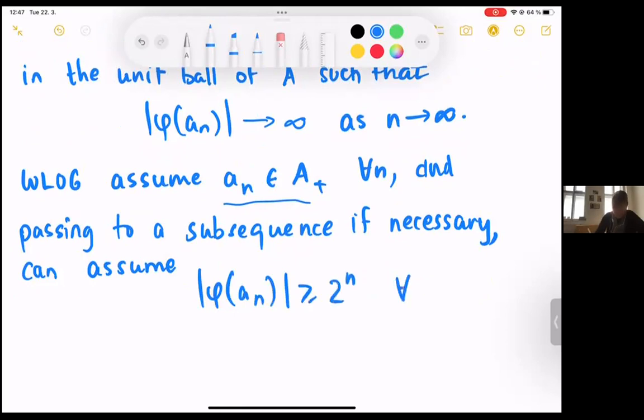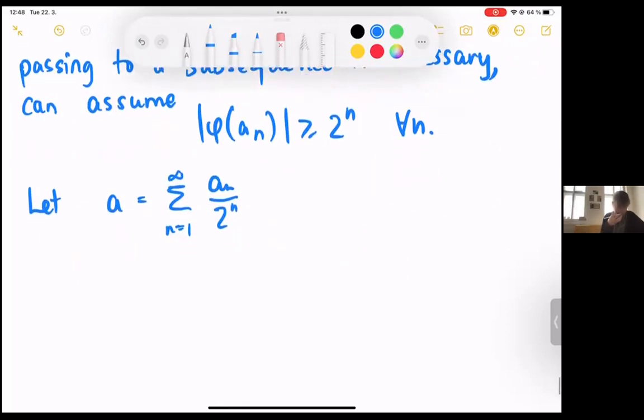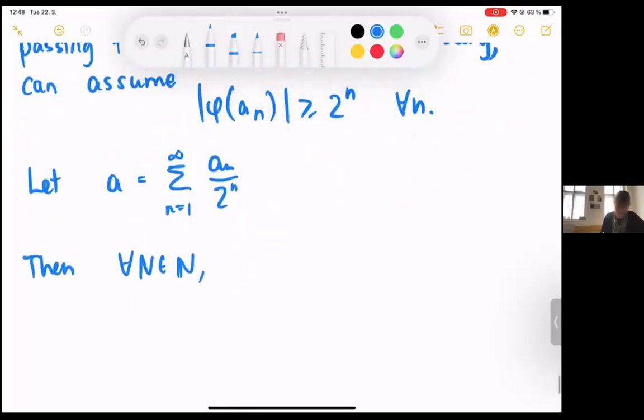So let's define an element A. So I should say, why is this actually well defined in A? Well, it's because we're assuming that these guys are in the unit ball, so they have norm at most 1.